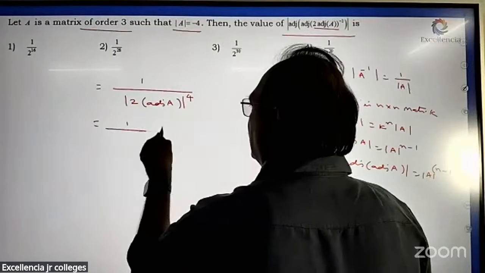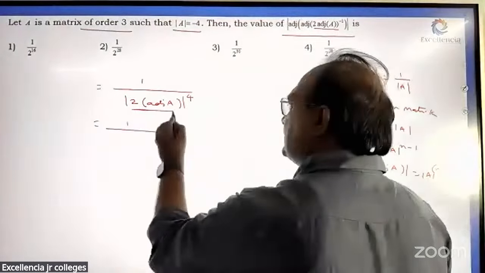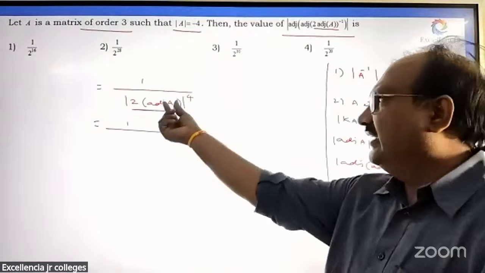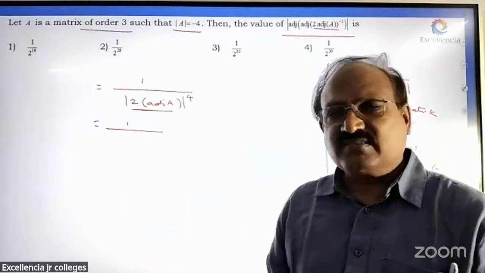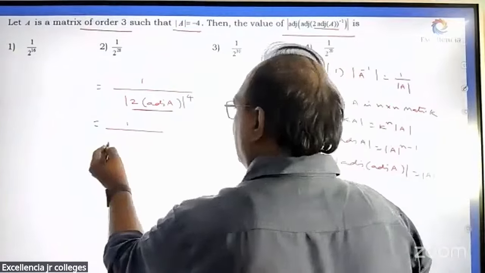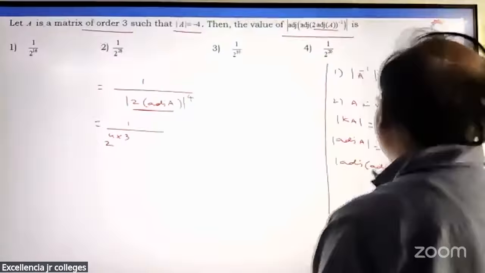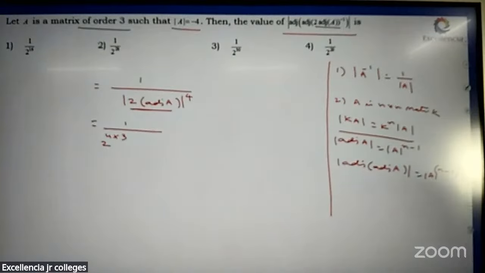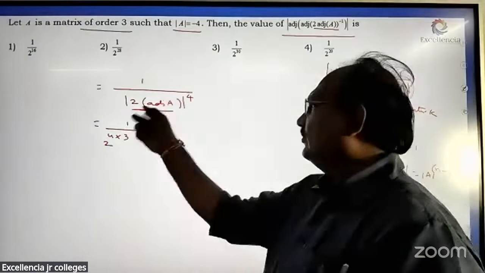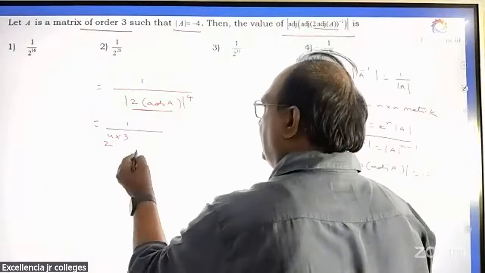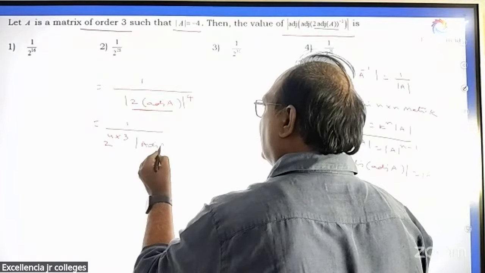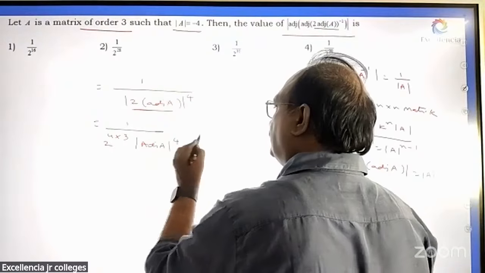So det of K, this is also a matrix, right? Det of K, 2 is constant here. This we can write as 2 power 3 into det of adjoint A, because det of KA is K power n into det A. So 2 power n into det whole power 4, into det of adjoint A whole power 4.